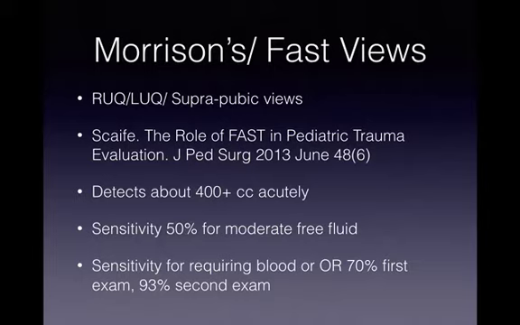The sensitivity for requiring blood or going to the OR is about 70% for the first exam and 93% for the second exam. So if the trauma surgeons use it, it should be as a first of several exams.